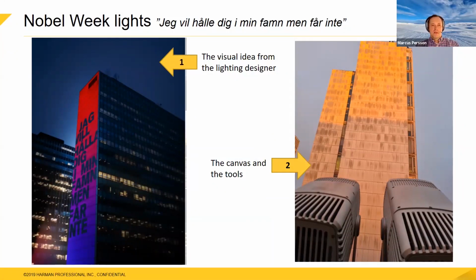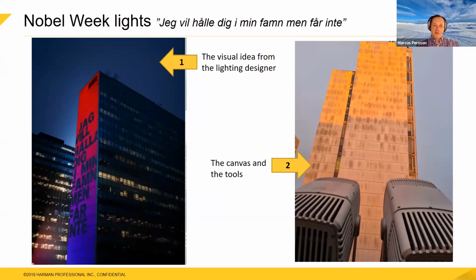So this is the Nobel Week Lights. This was a temporary installation initiated by the Nobel Prize Museum. There were 16 light installations in Stockholm during the Nobel Week to bring awareness to the Nobel Prize. The installation was made with 2 EP1000s, and the designers of this project were Emma Hjortenklev Wassberg and Fredrik Matz.